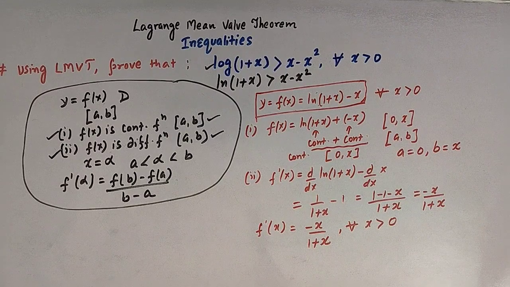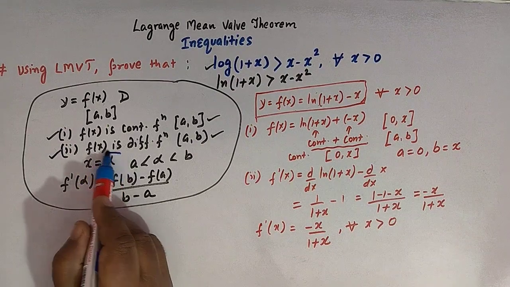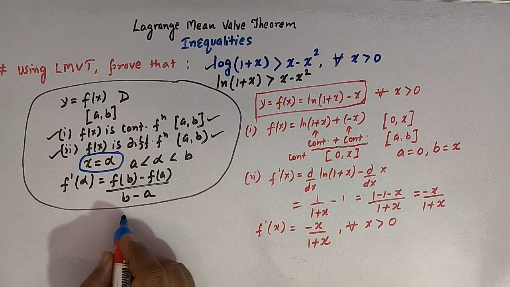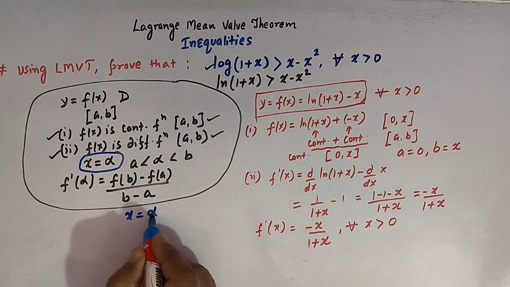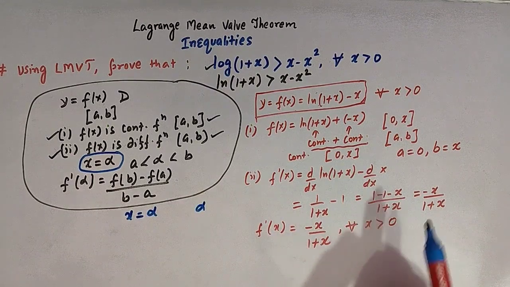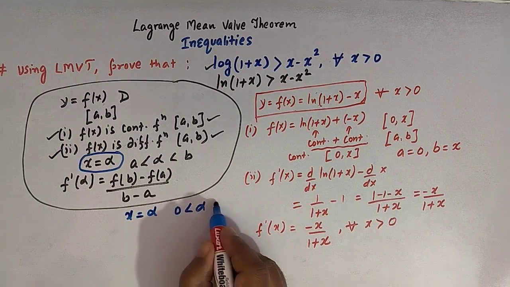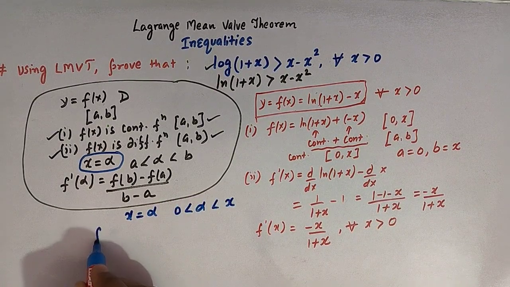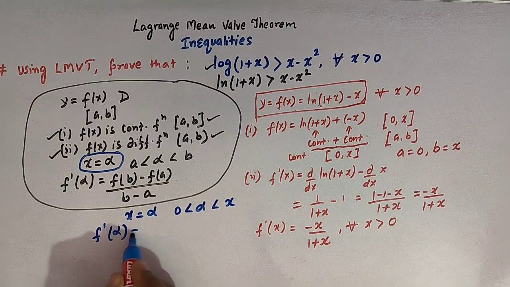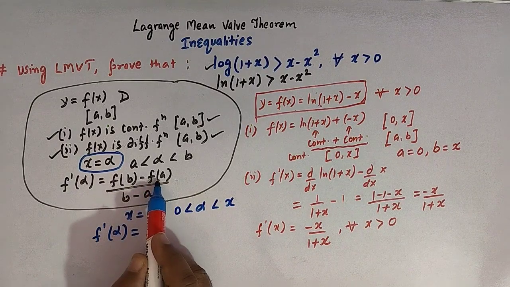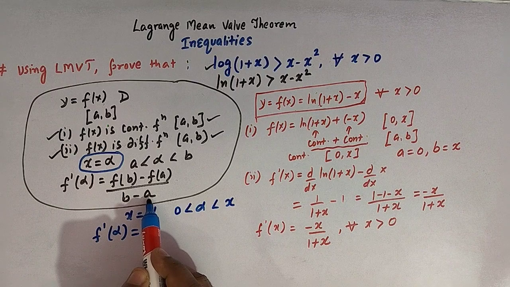Now the mean value theorem says that there must exist some point x is equal to alpha, where this alpha lies between 0 and x, such that f prime of alpha must be equal to f of b minus f of a divided by b minus a.